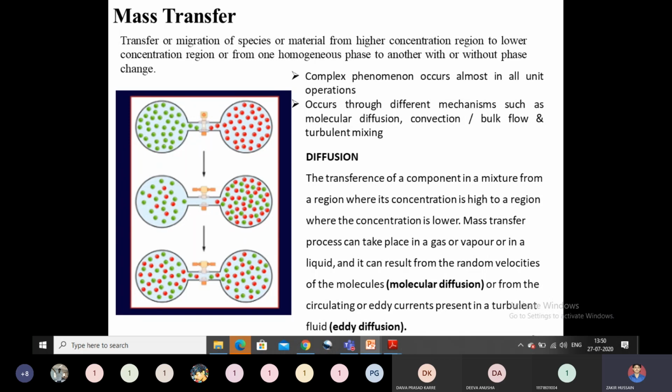The mass transfer taking place due to the turbulent eddies, or the eddy currents generated due to agitation or some external force we apply, is eddy diffusion.